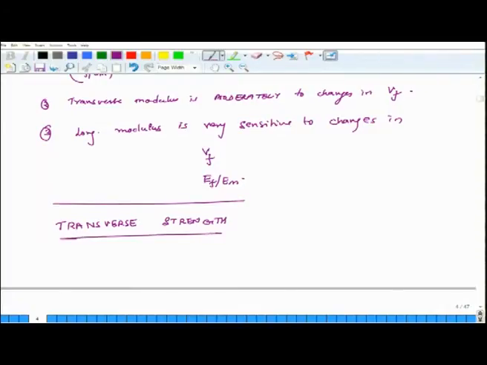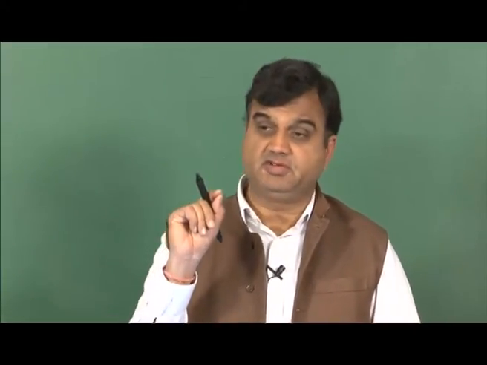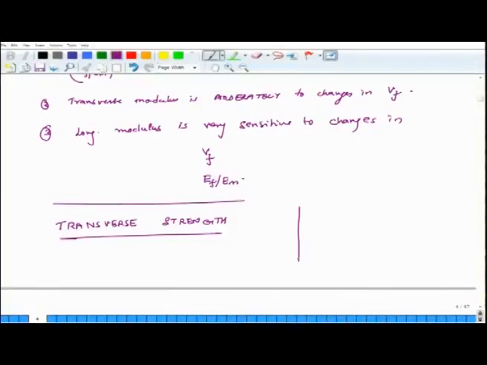Transverse strength. In one of the earlier classes, we had stated that a unidirectional laminate has to be characterized by 5 different types of strengths. The first strength was longitudinal strength in tension, designated by sigma Lu, meaning longitudinal, ultimate strength.